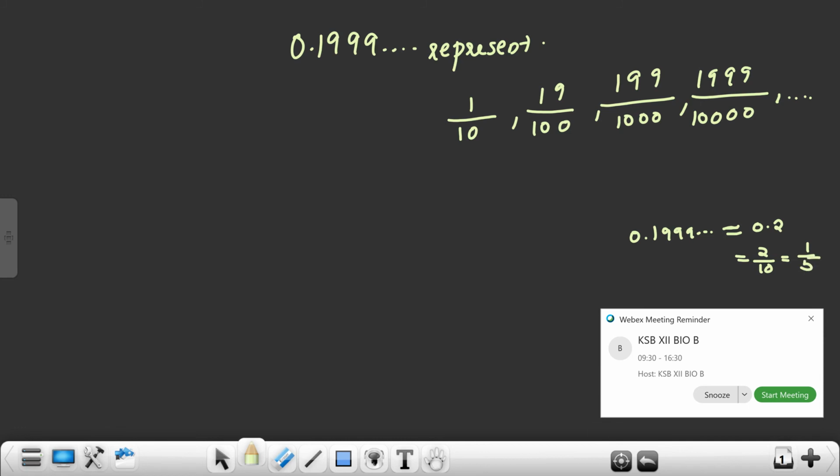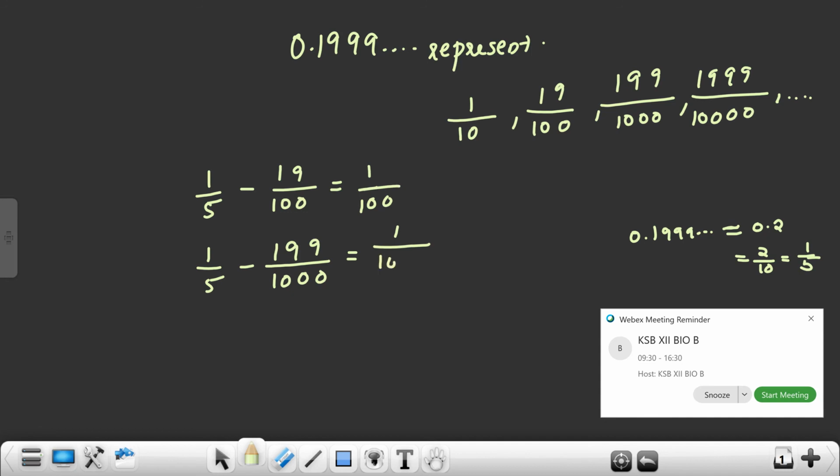So we can easily write 1 by 5 minus 19 by 100 is equal to 1 by 100. 1 by 5 minus 199 by 1000 is equal to 1 by 1000. 1 by 5 minus 1999 by 10,000 is equal to 1 by 10,000, etc.